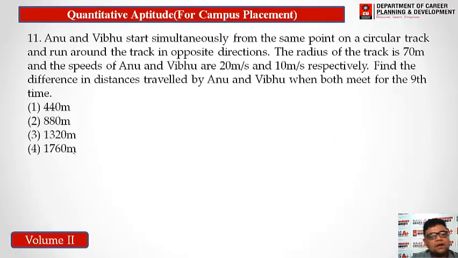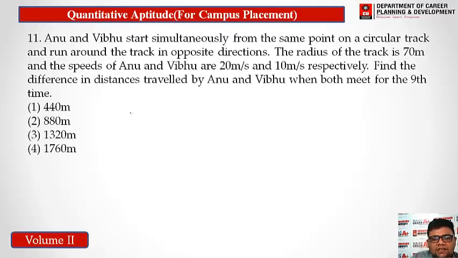Okay, now let us move to the next question, question number 11, that is Anu and Vibhu start simultaneously from the same point on a circular track and run around the track in opposite directions.